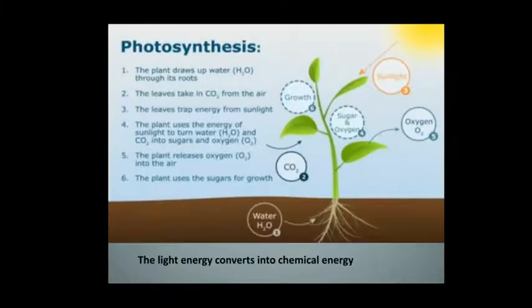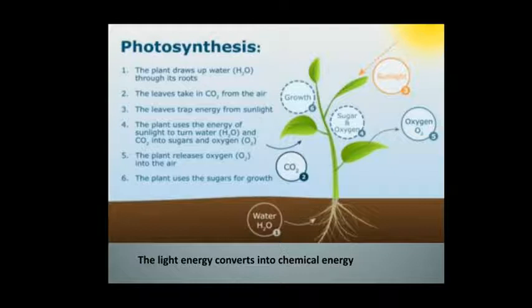This is how photosynthesis occurs in plants. First step, the plant draws up water through its roots. We know that the plant absorbs water from the ground through roots, and the leaves take in CO2 from the air. The leaves trap energy from the sunlight.